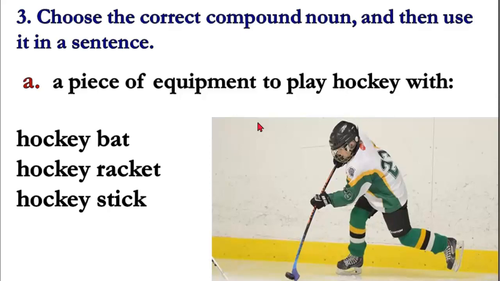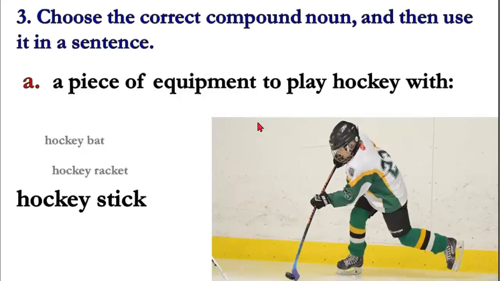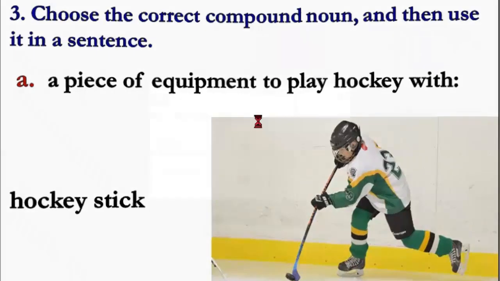Who can tell me? Can you guess the answer, please? It's a compound noun. Exactly, it's a hockey stick. We don't play hockey with a racket. We don't play hockey with a bat. We play hockey with a stick.